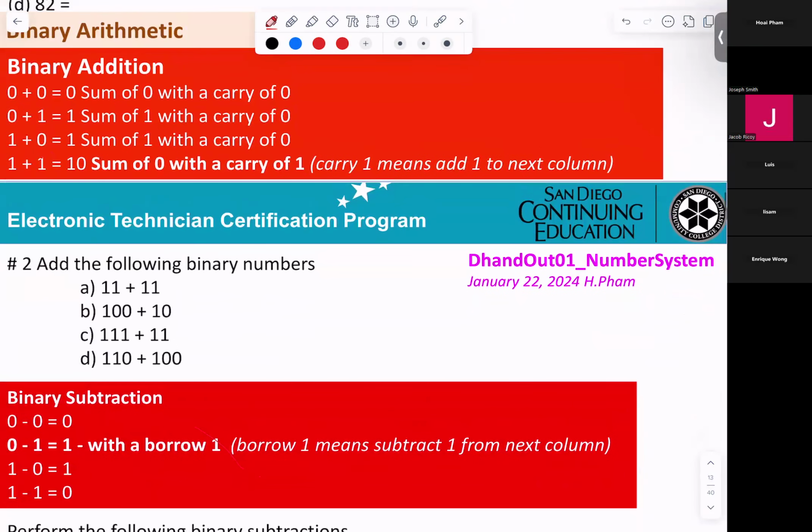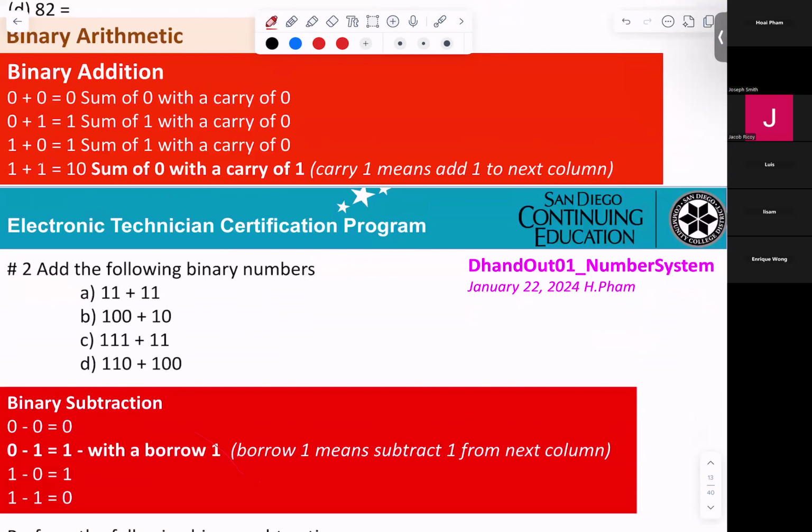Now, talking about addition. We can get addition or subtraction.